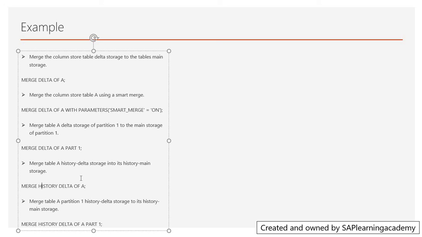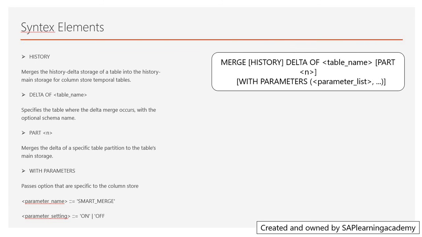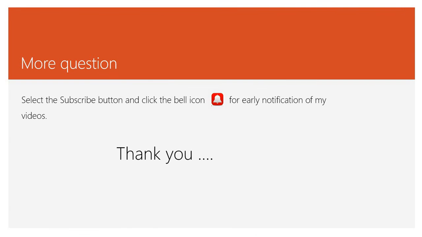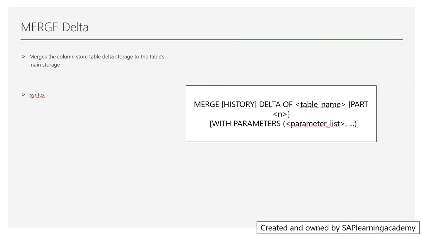So if you want to transfer the history data of your delta into the history of main storage, you can write history. And similarly, if in the history delta you have some partition, you can specify part 1, or whatever partition you have, here. So that's all about this small example of this merge statement.